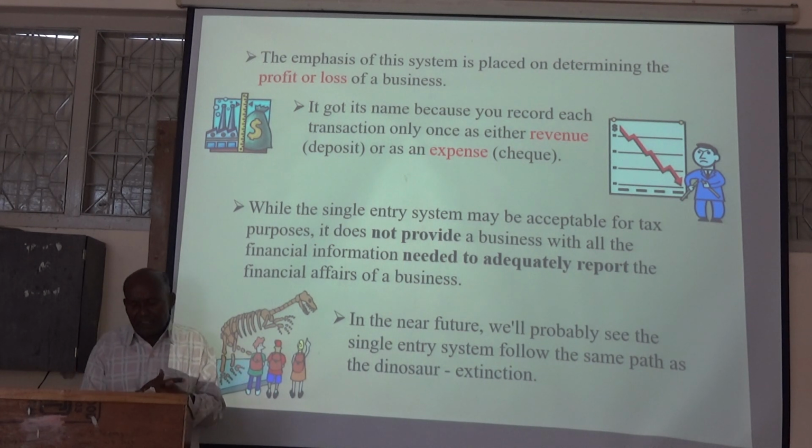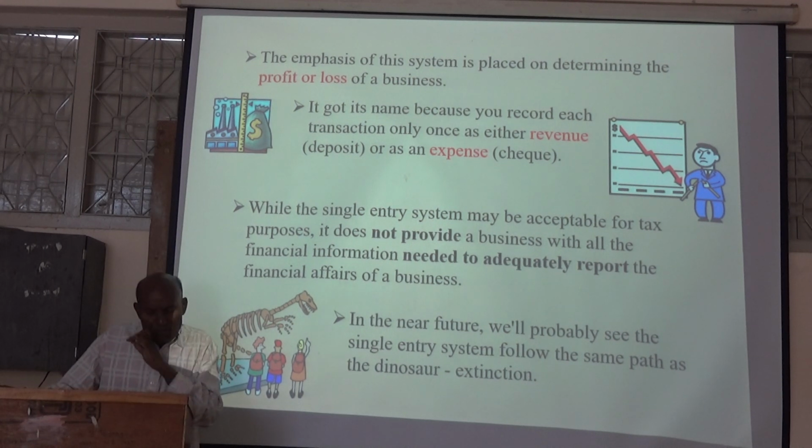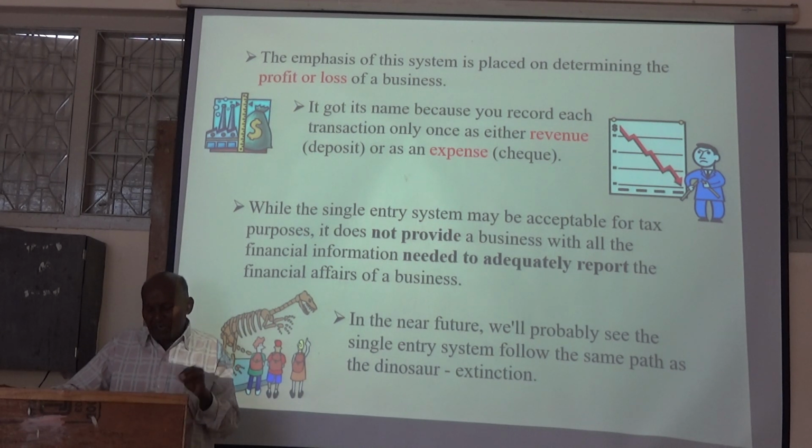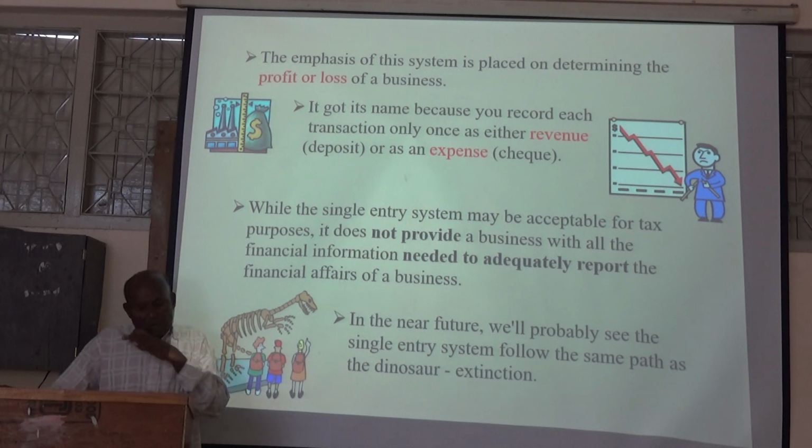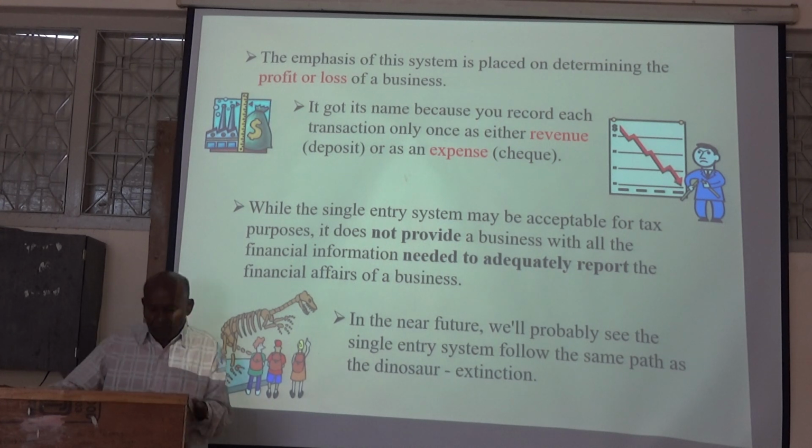Then, under this method, statistical information for comparing the profit, expenses and incomes of the current year with those of the previous year is not possible.